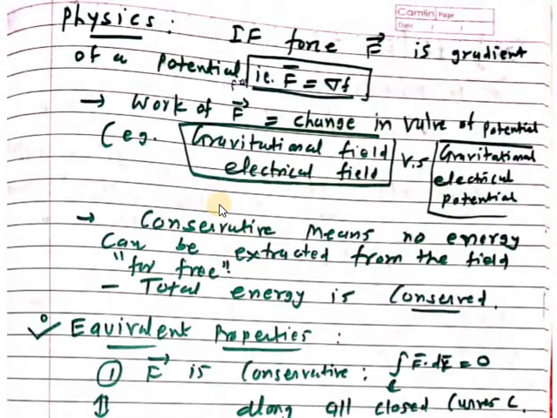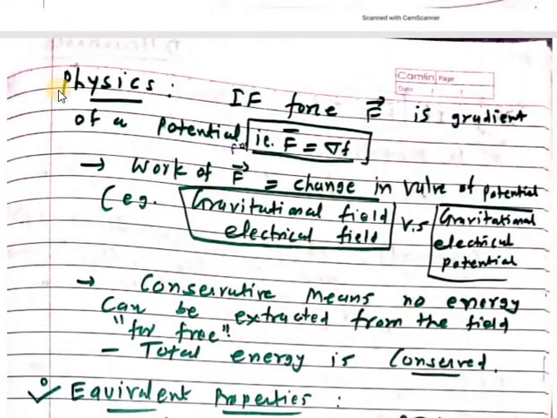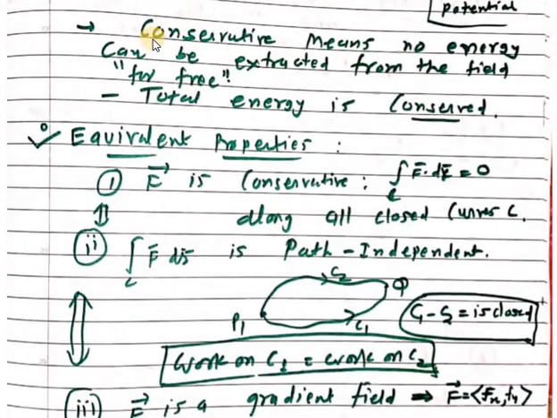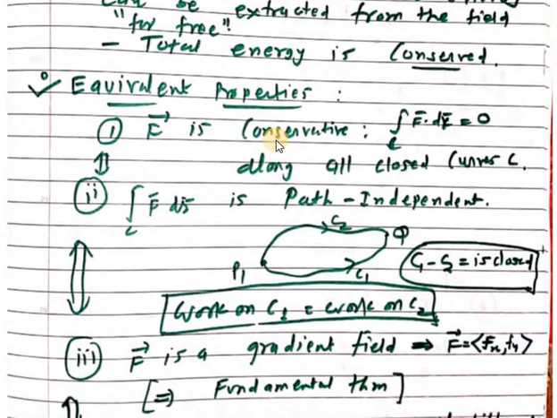Here I am not going to discuss how this concept helps in physics, but I would like to represent only the meaning of conservative. Conservative means no energy can be extracted from the field for free. That means total energy is conserved.